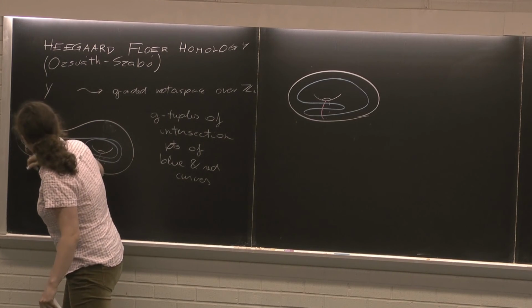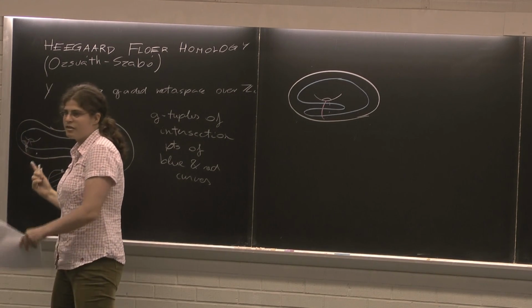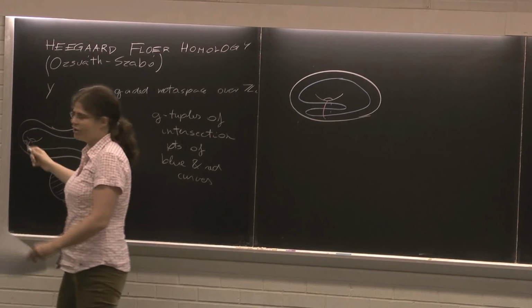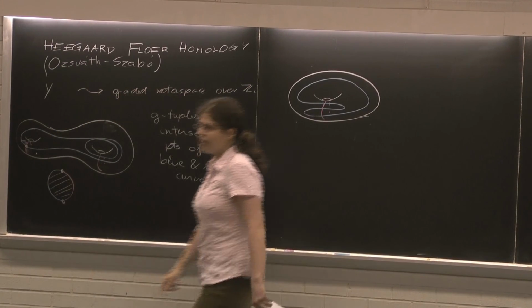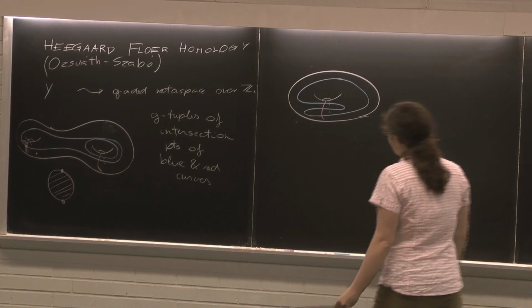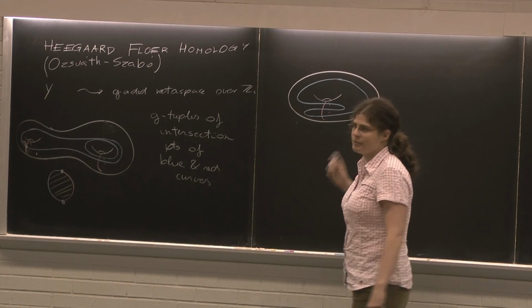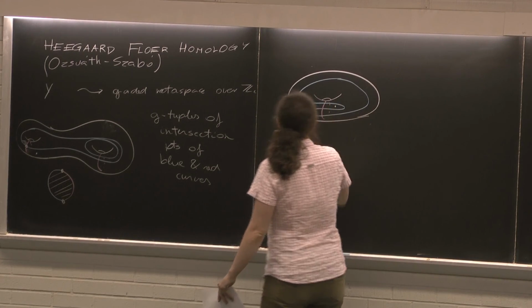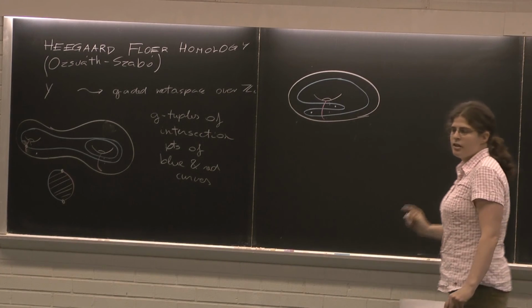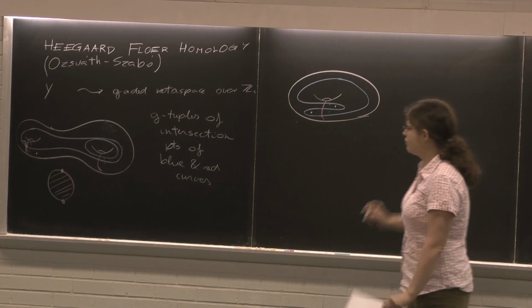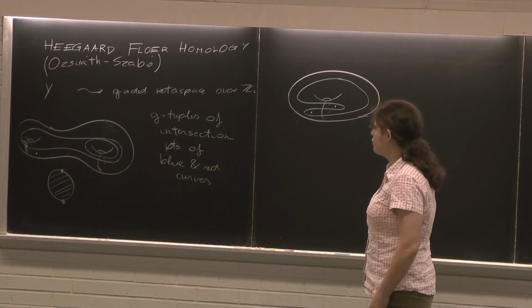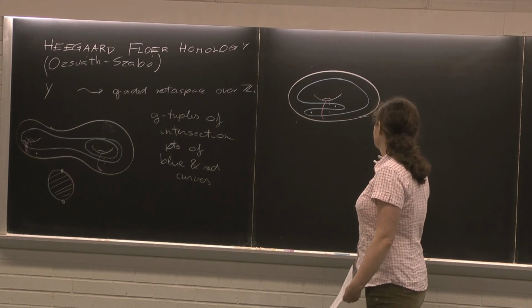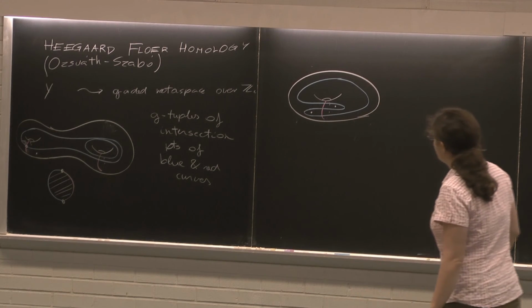So then I would know that there is only one direction of holomorphic curve, and you can start from this intersection point. And here, instead of 1 point, I'm going to specify 2 points. Maybe these two, so that it's also in the complement of the alpha and beta curves.